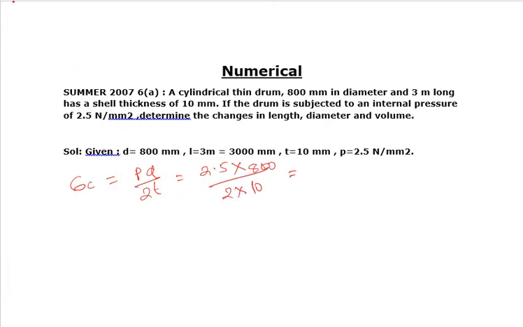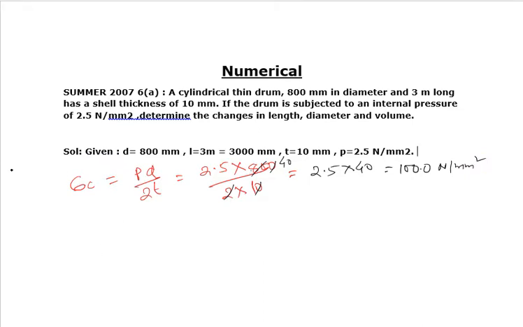This 0 and 0 will be cancelled. 4 2's are 8, correct? 2.5 into 40, 100, one more 0, so 100 Newton per square, correct?